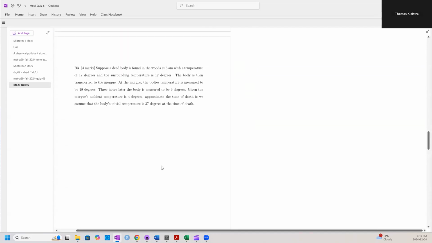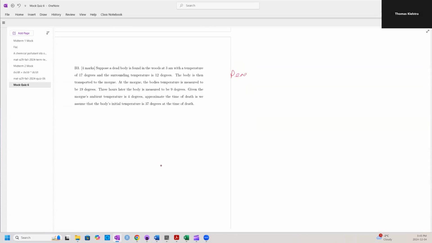B3 is our dead body problem. So with our dead body problem, we have a body found and a body in the morgue.